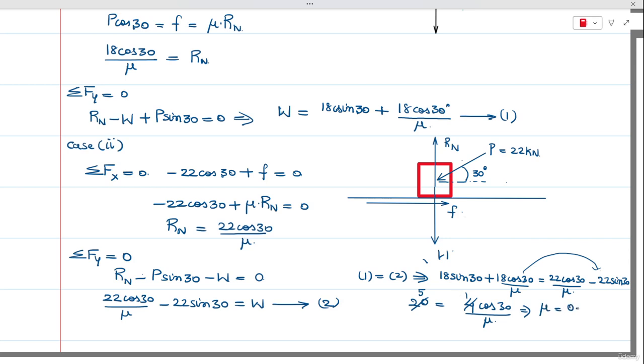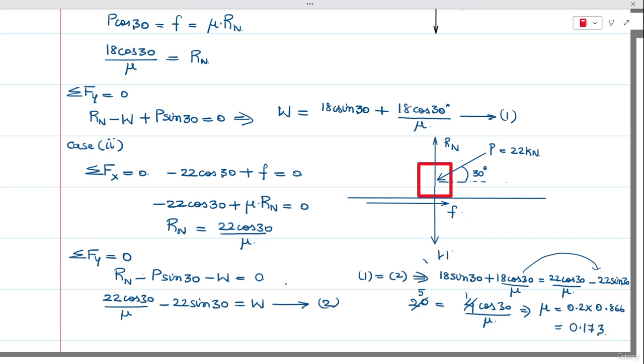1 by 5 is 0.2 and cos 30 is root 3 by 2, which is 0.866. So 0.2 into 0.866 will be approximately 0.173. That would be the coefficient of friction.